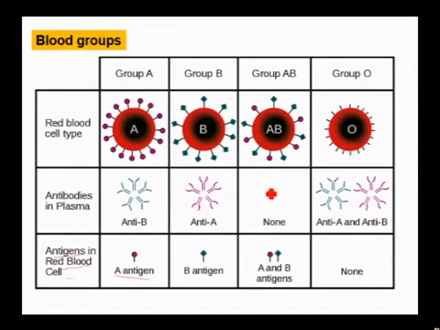AB will not bear any antibody but has both the antigens, so the person with the AB blood group is said to be universal recipient. An O blood group person has no antigens but he has both the antibodies, so he will be considered to be universal donor.